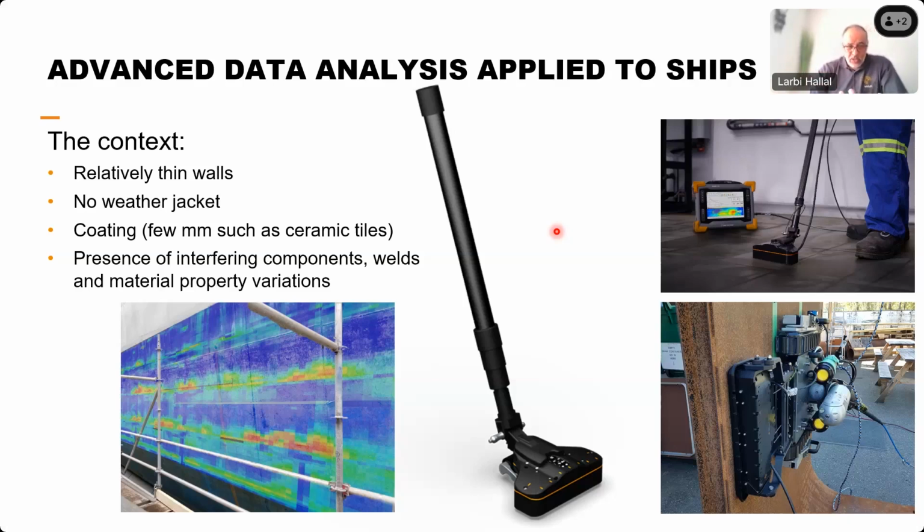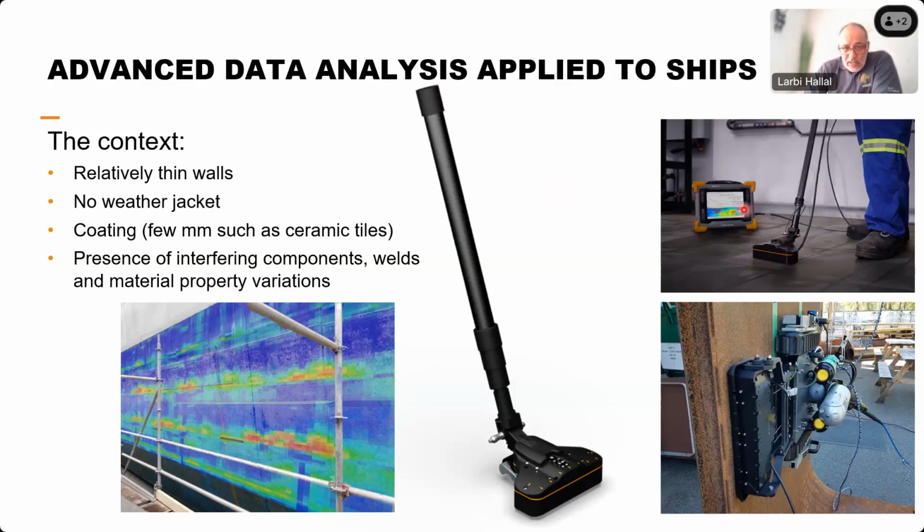We know that because it's made of welded plates. Those welded plates made of carbon steel may have some material property variation eventually. And of course, also inside the hull, we may have some vertical and horizontal stiffeners. Those stiffeners will be detected with the PEC, but we can differentiate them from real corrosion.